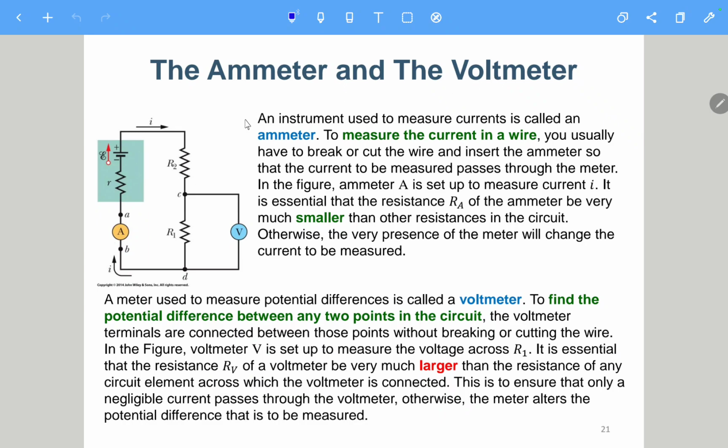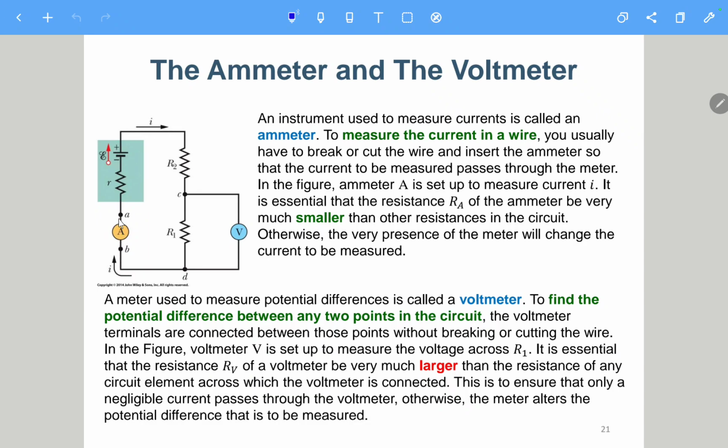Okay, for the ammeter, when we try to measure the current, for example I here, we will connect this ammeter in series.